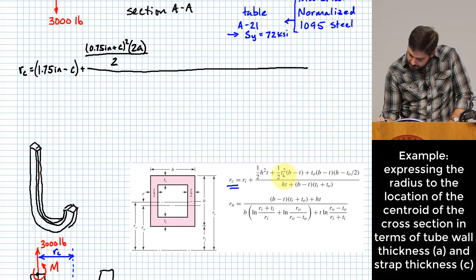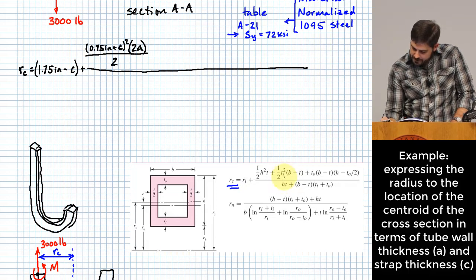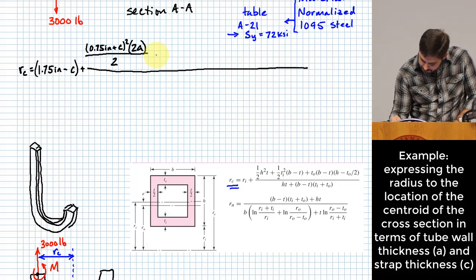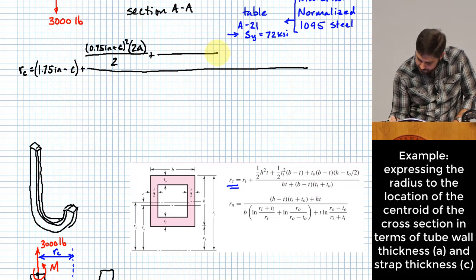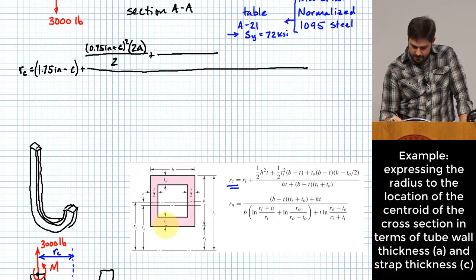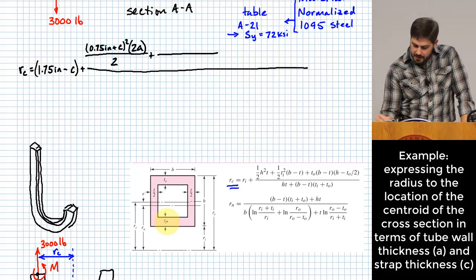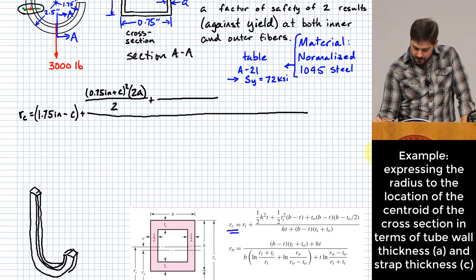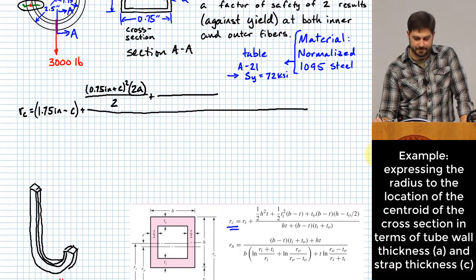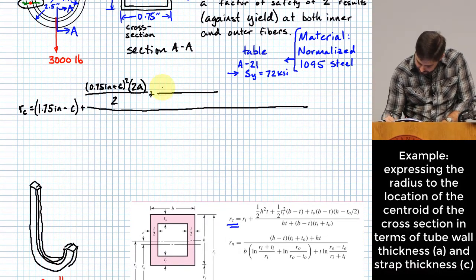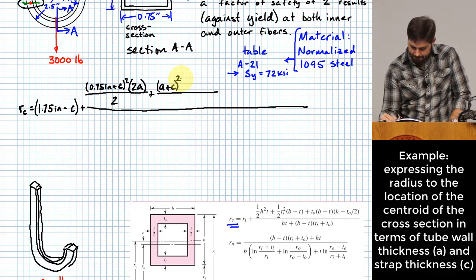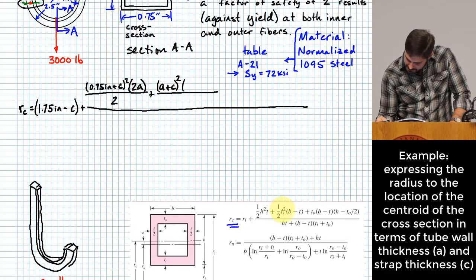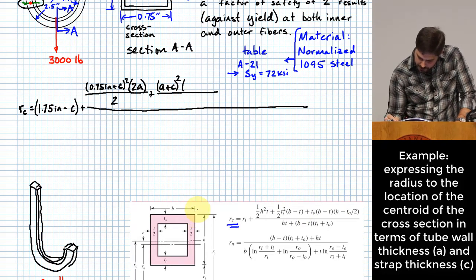Going into the next term here. The next term is going to be 1/2 T sub I squared, and we're going to add this. What's T sub I? Remember that's the inner side, so you want A plus C. Then the next thing we have here is B minus T. What's B? 3/4 of an inch.